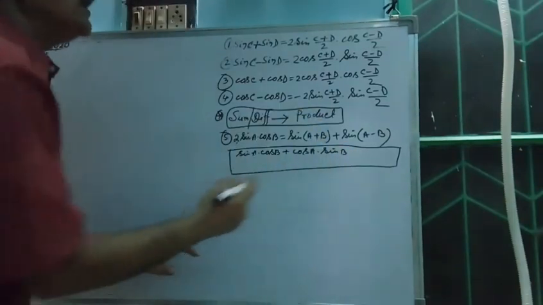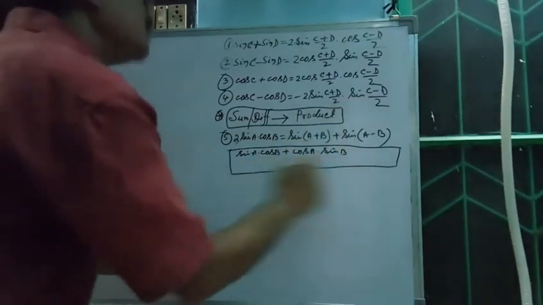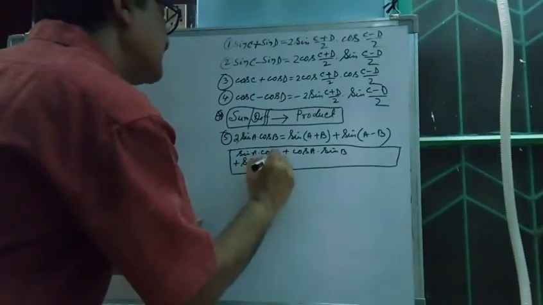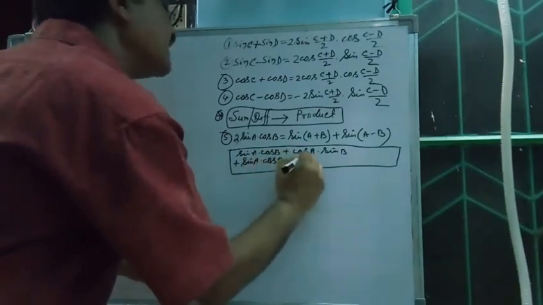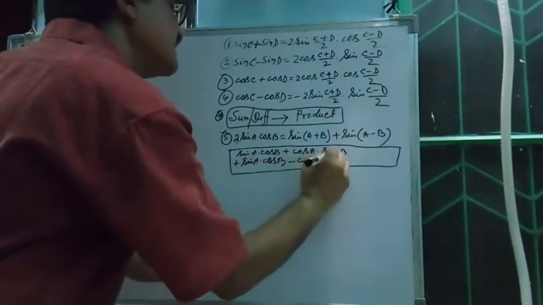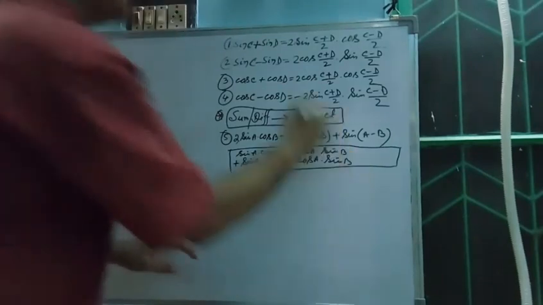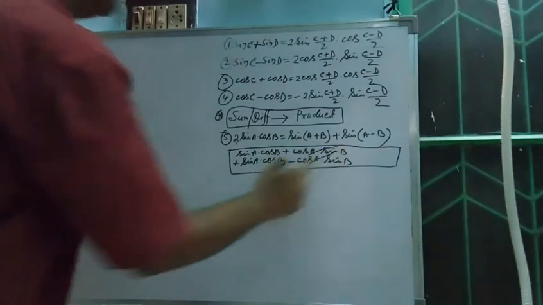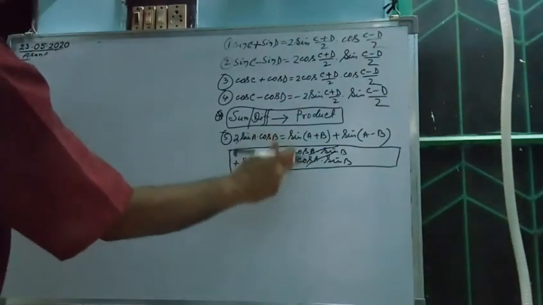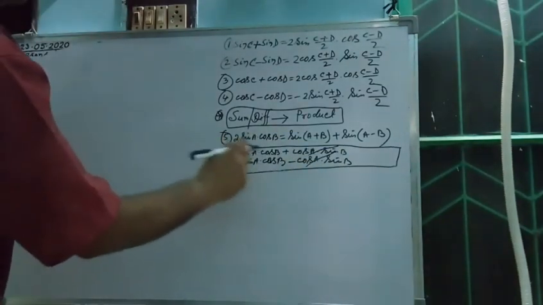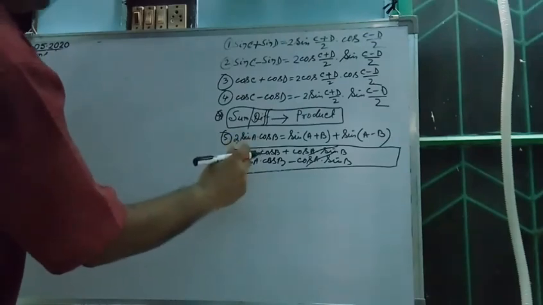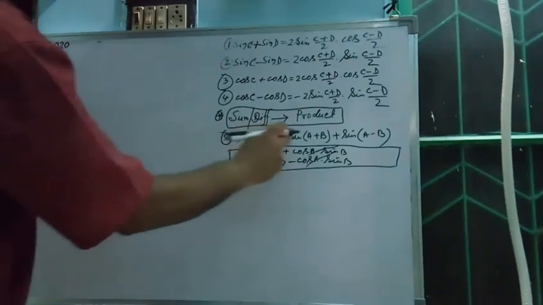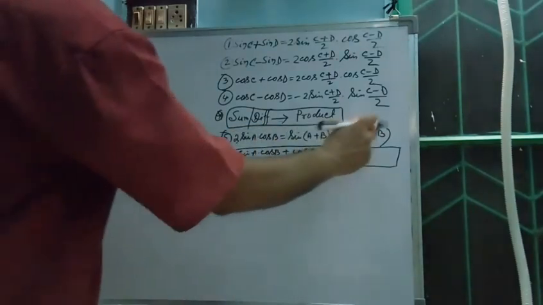Breaking sin (A plus B), similarly we break sin (A minus B): sin A cos B minus cos A sin B. We have written the formulas for both sin (A plus B) and sin (A minus B). So see, cos A sin B will cancel, plus and minus. So what do we get? Sin A cos B plus sin A cos B, 2 sin A cos B. So this 2 sin A cos B is written as sin (A plus B) plus sin (A minus B).